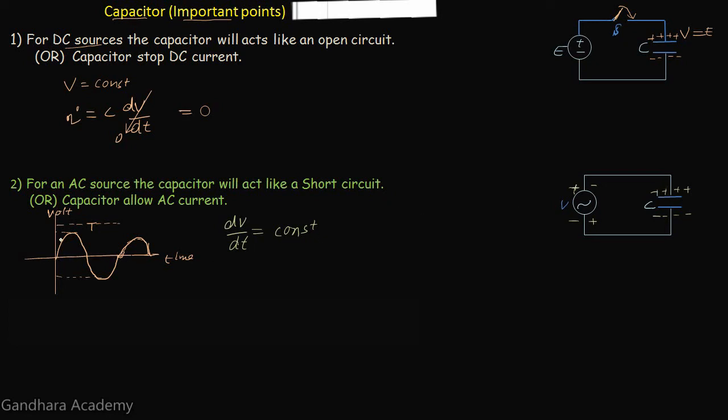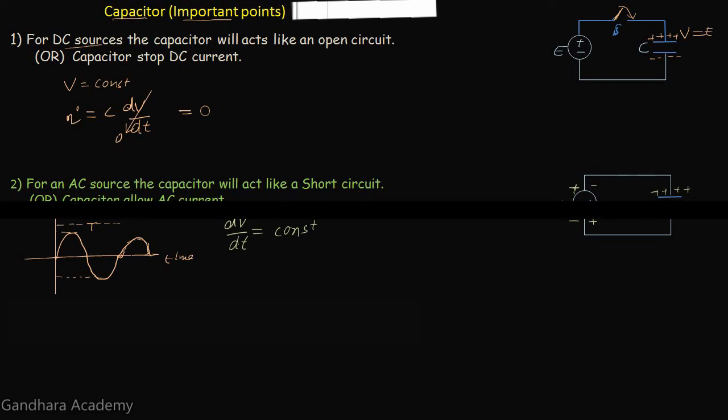So for a full cycle of this voltage source, there will be no charge stored on this capacitor, across these two parallel plates. This process will continue until we remove this source from the capacitor, and there will be no charge stored on the plates of this capacitor, and the capacitor will allow AC through it.